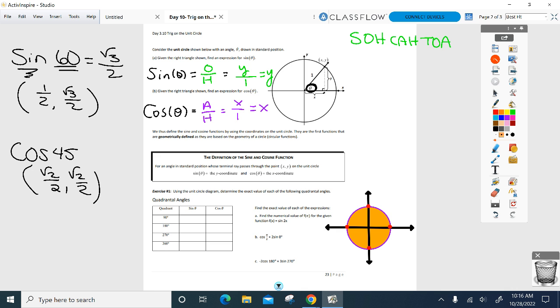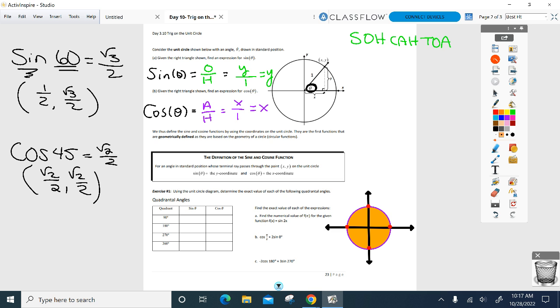And we just found out if you ever want to find the cosine of any angle, you take the x coordinate. What's the x coordinate? Square root 2 over 2. Go to your calculator. Do cosine of 45. You'll get a nice sloppy decimal. And then do radical 2 over 2.